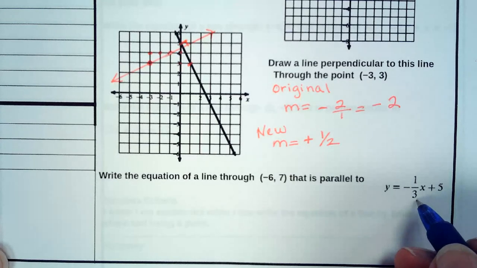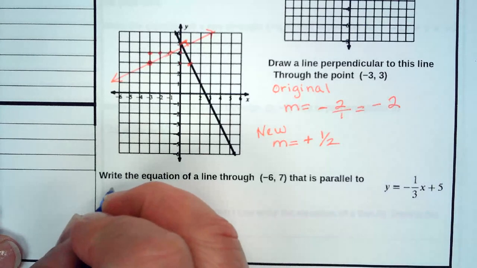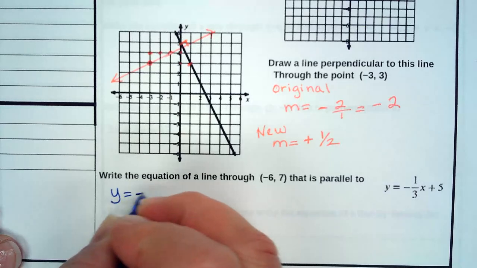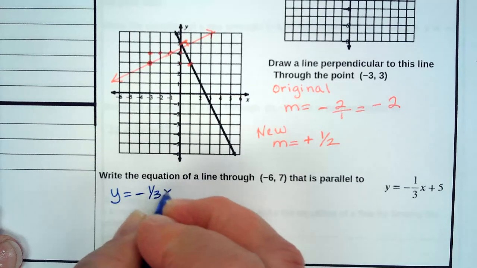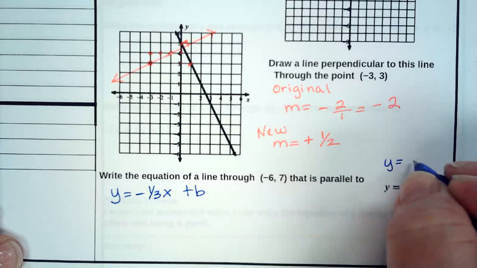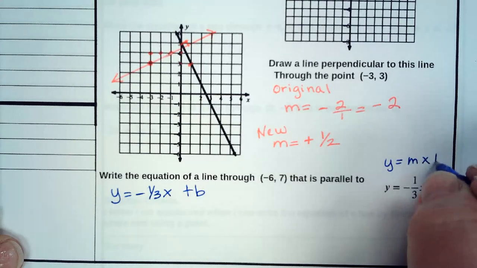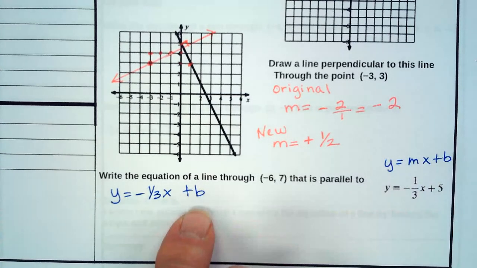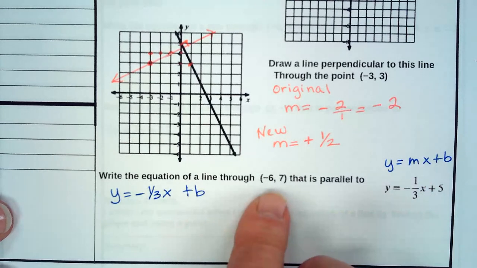So the slope I need is negative 1/3. So I can start off, y is equal to negative 1/3 x plus b. This is in your slope-intercept form. I need to find b. I've got an x and a y here that I can substitute in.